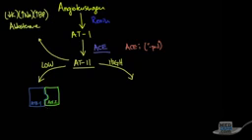Now, as it turns out, angiotensin 2 will be converted by ACE2 into angiotensin 1,7. And it's very important for you to understand angiotensin 1,7, because angiotensin 1,7 causes vasodilation and decreases inflammation.